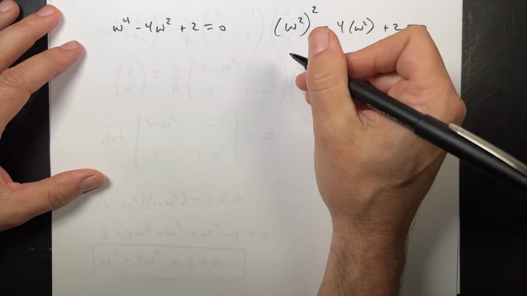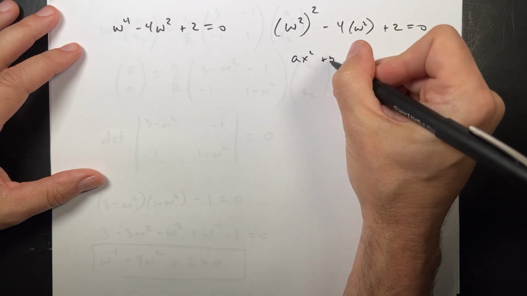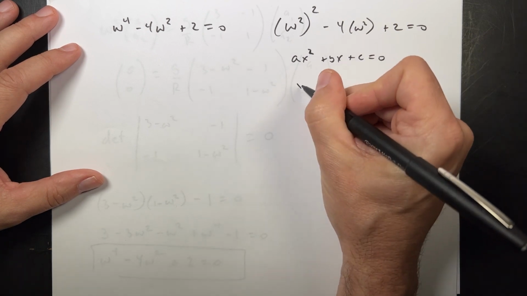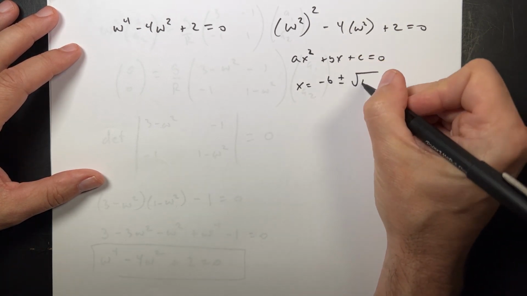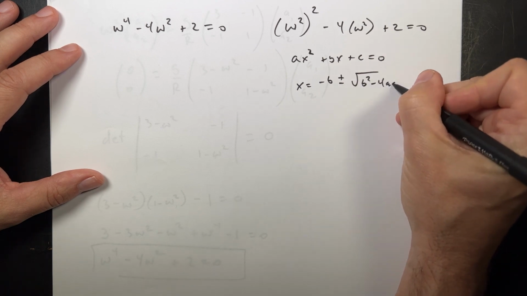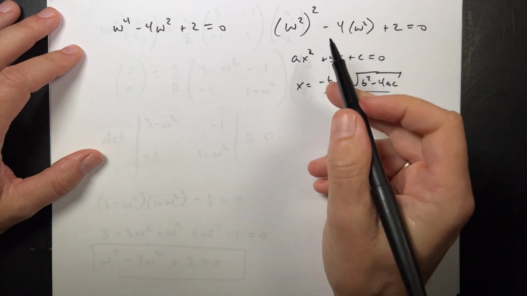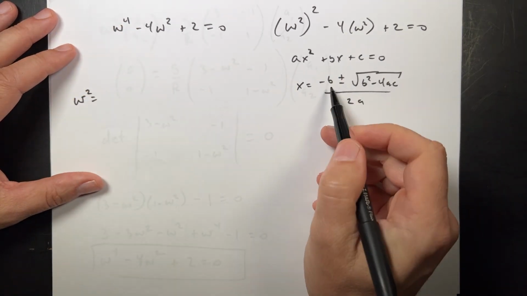And so remember, if I have ax squared plus bx plus c equals 0, then x is going to be negative b plus or minus the square root of b squared minus 4ac over 2a. So let's do that for this. So omega squared is going to be negative b.